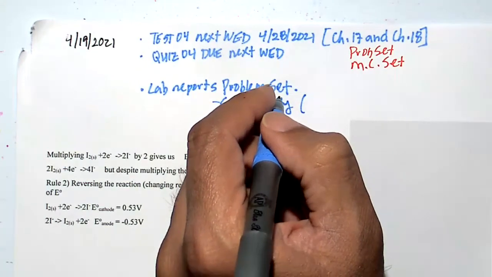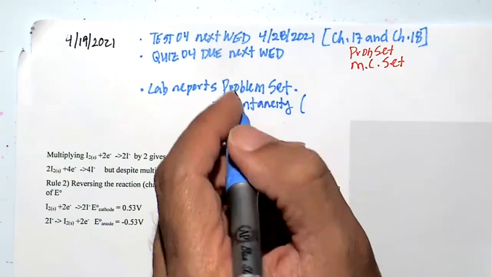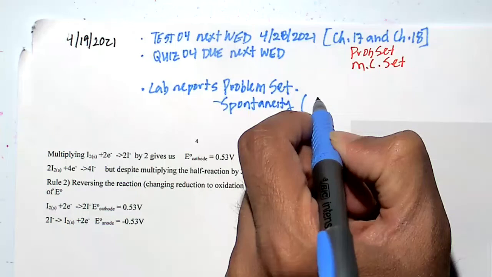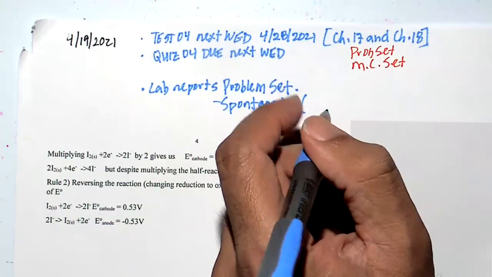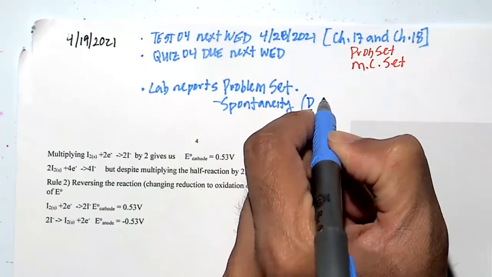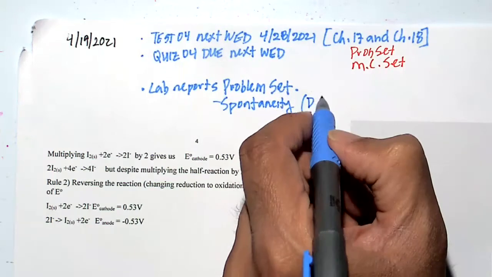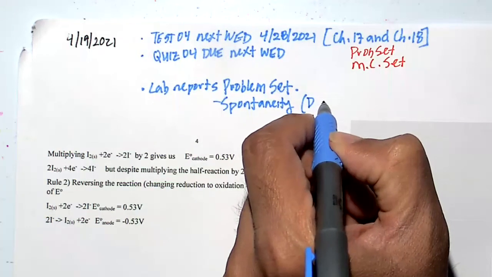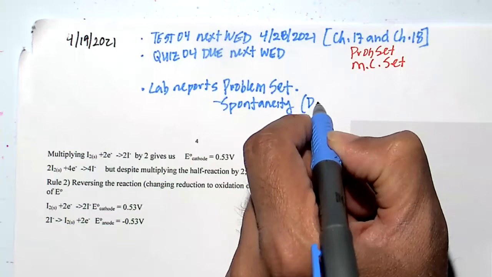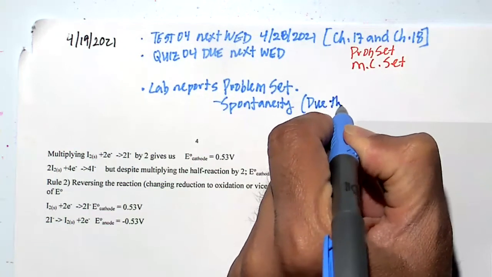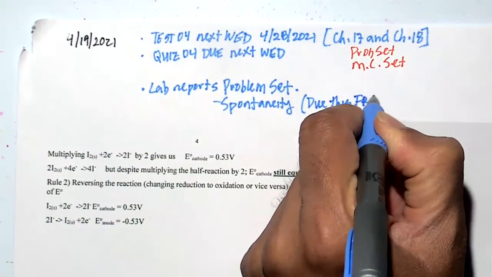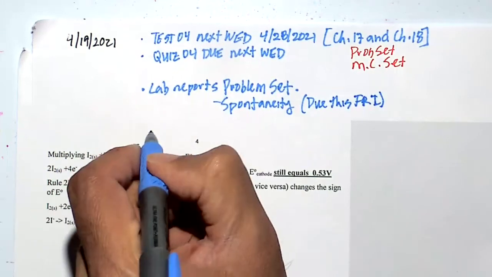I thought I'd do an extra credit lab, but I figure let people catch up on their lab reports and catch up on their chemistry too. So there's nothing this Friday. But what is due this Friday is the lab report on spontaneity. So make sure you turn that in.